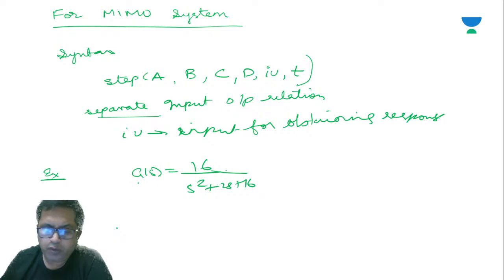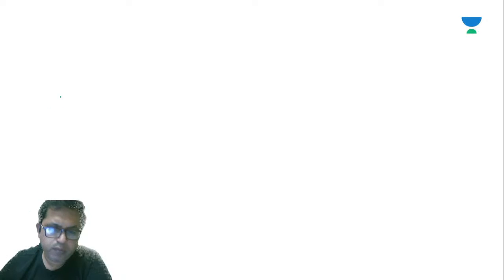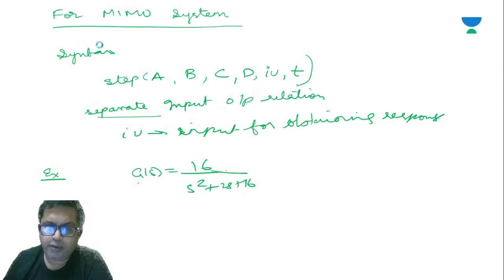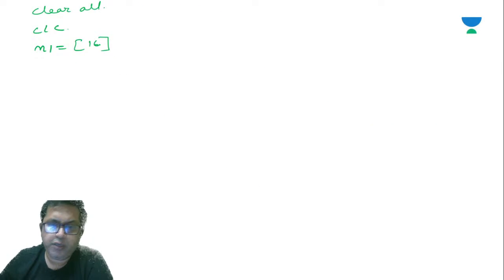So how will the program look like? Clear all, clc. The numerator polynomial is 16.